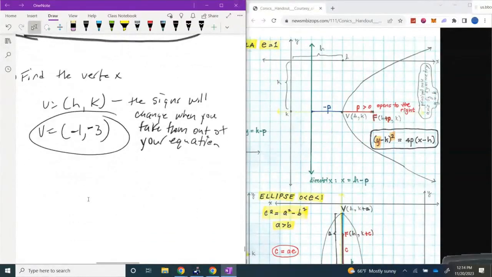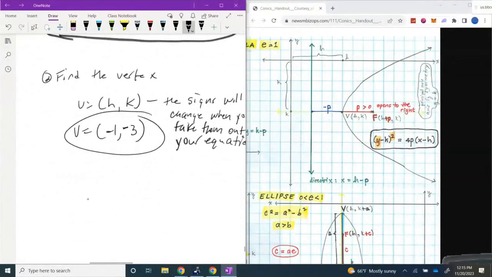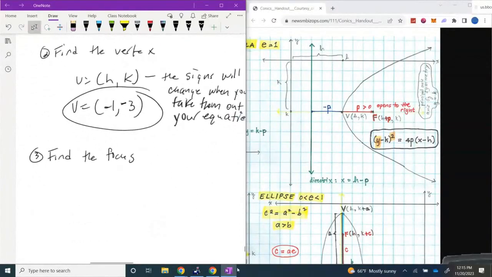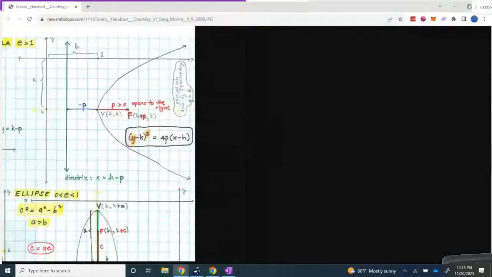Okay. Next, we have to find the focus. So in order to find the focus, I have to look at the formulas for the focus. So let me just bring this up on a page by itself.